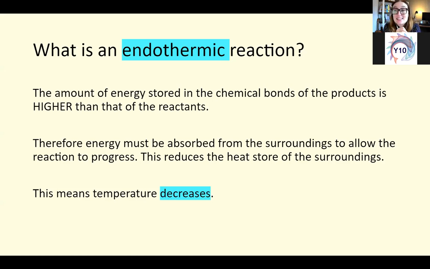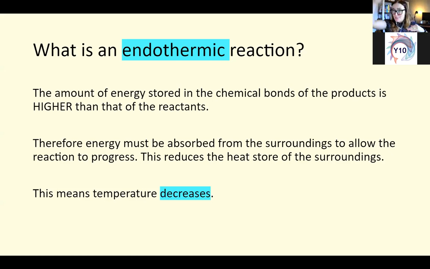So in this case, the amount of energy stored in the chemical bonds of the product is higher than the reactants. So the chemical bonds of the stuff that you react together to make the product are at a lower energy level than the stuff that you actually make. Okay, that's at a higher energy level.